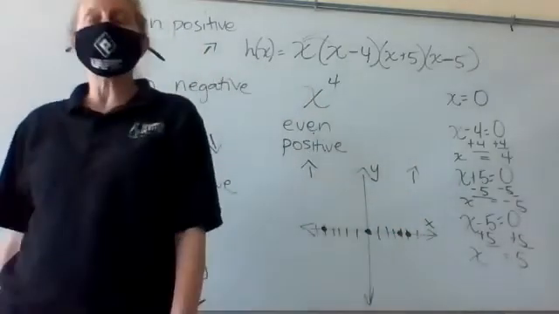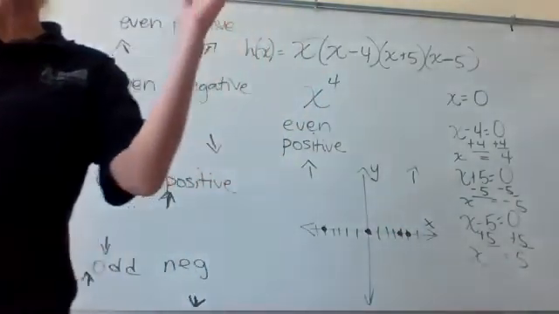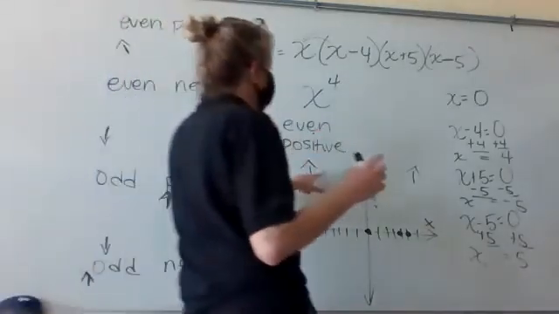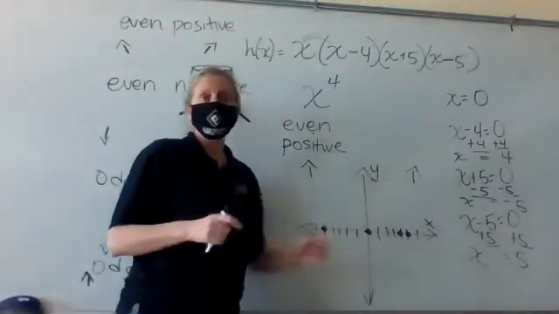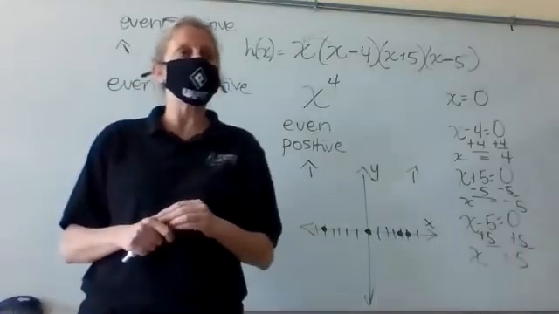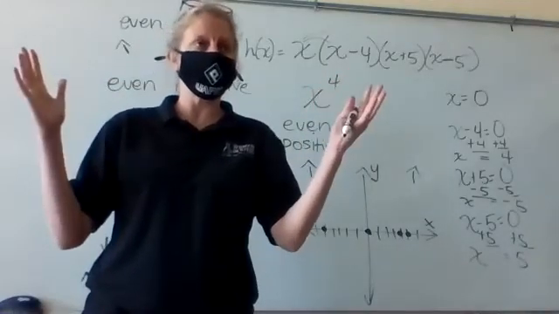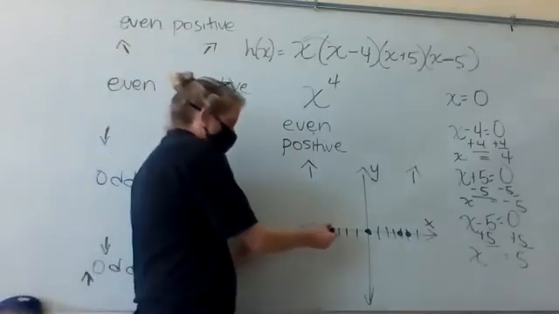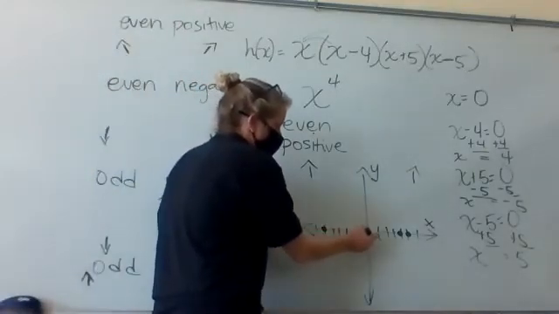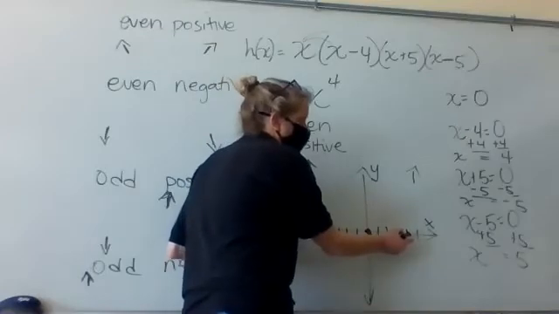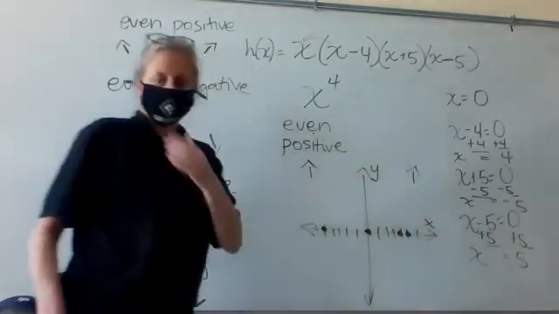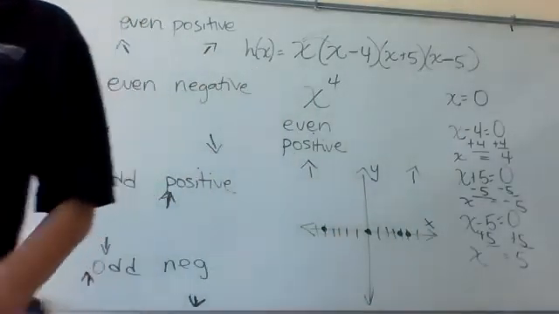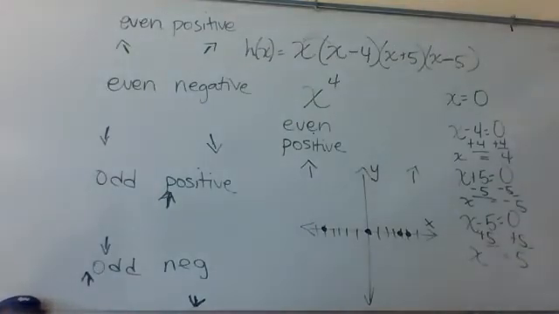So then you would go through, if the end behavior didn't solve it for me, if there was multiple graphs that had both ups, then you would be looking for the graph that crossed at negative 5, 0, positive 4, and positive 5, which again is D as in dog.